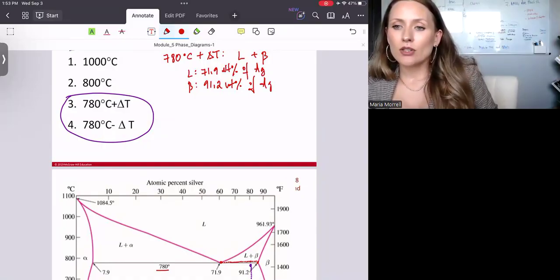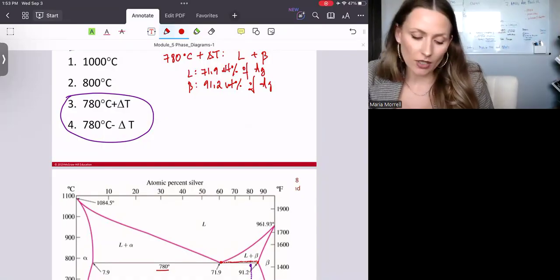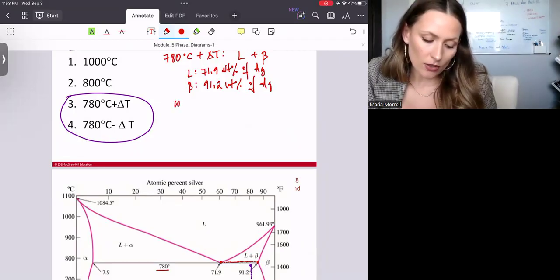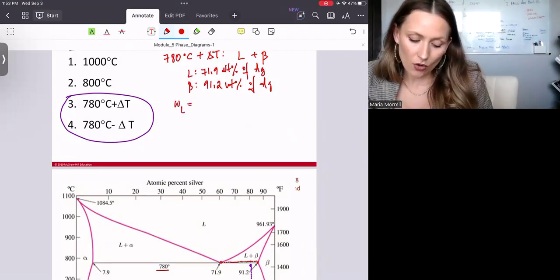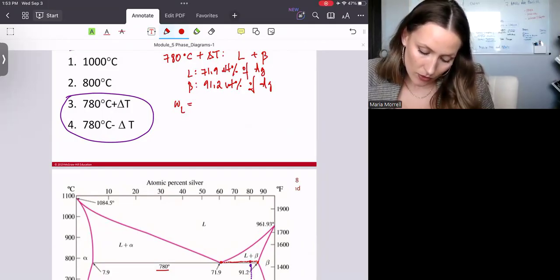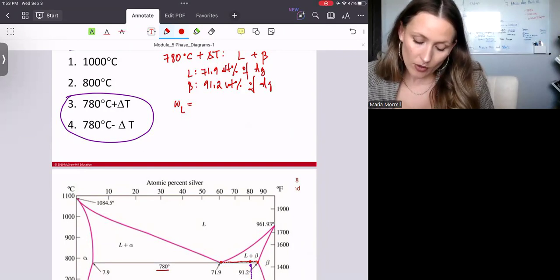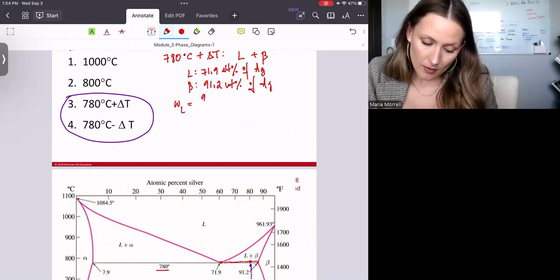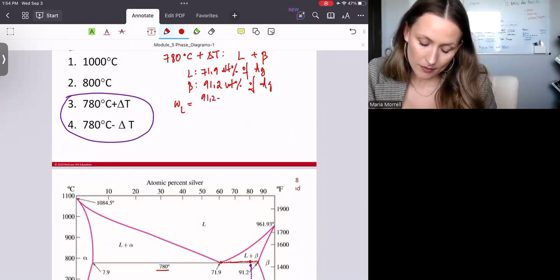Okay, the last thing that I would like to do is estimate the amount of each phase. So I'm going to start with the weight fraction of the liquid. Again, I'm in here. For the liquid, I'm going to be looking at the opposite side, and it's going to be 91.2 minus 88, that's the average composition, and then I'm going to have 91.2 minus 71.9.